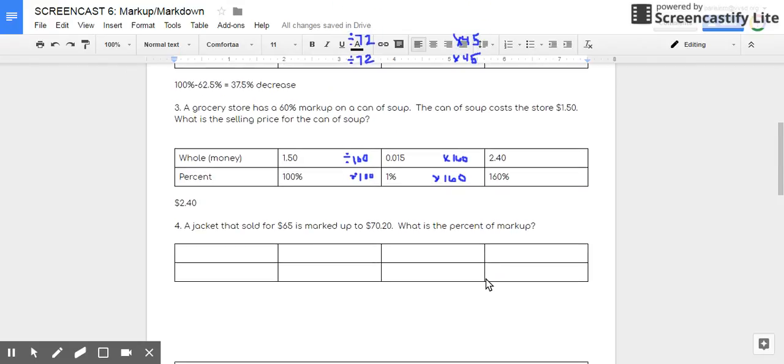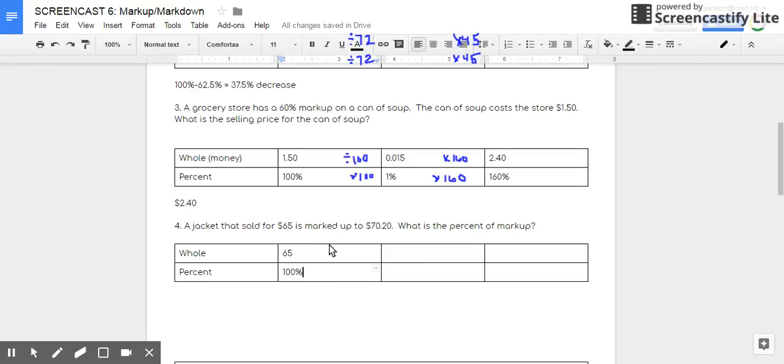Question number 4. A jacket that sold for $65 is marked up to $70.20. What is the percent markup? So I'm going to put my jacket, which is my original price, is $65. My original price represents 100%.